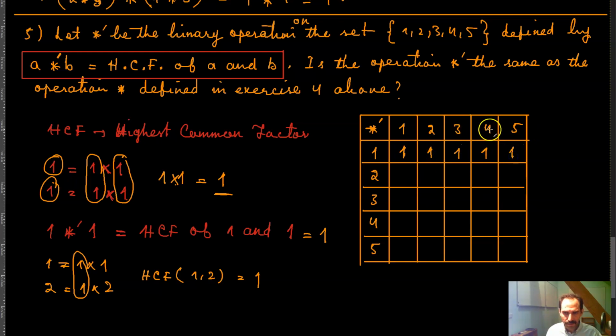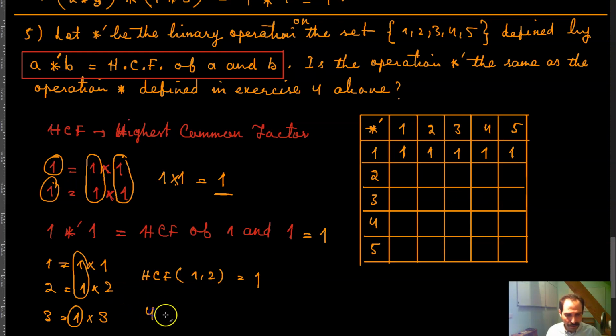And the reason for this is that, for example, 3, you can write it as 1 times 3, so you would have this factor common with 1.